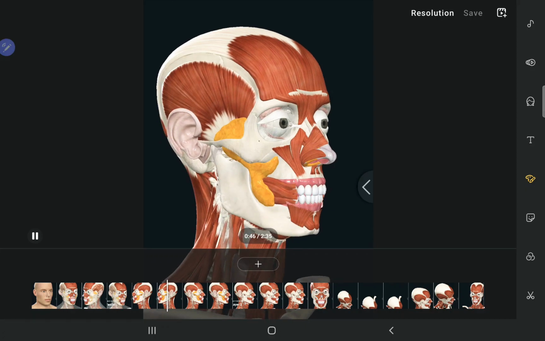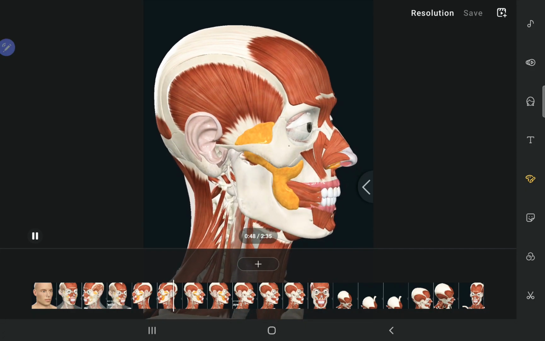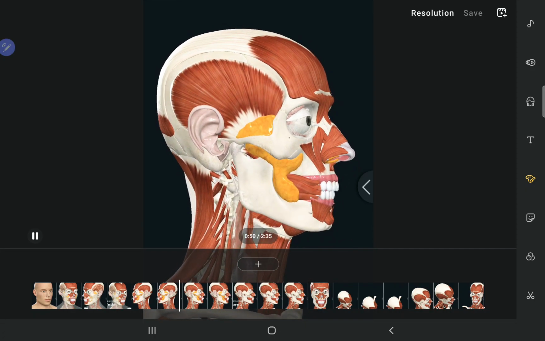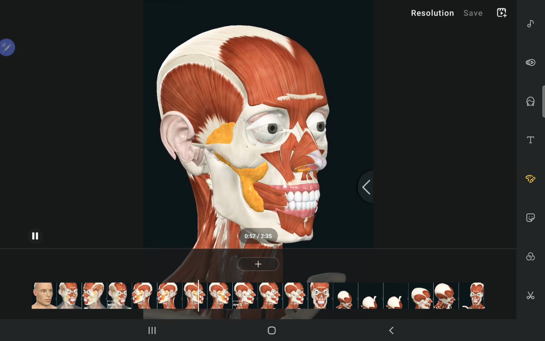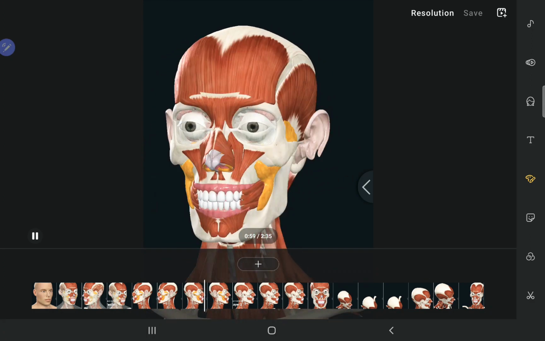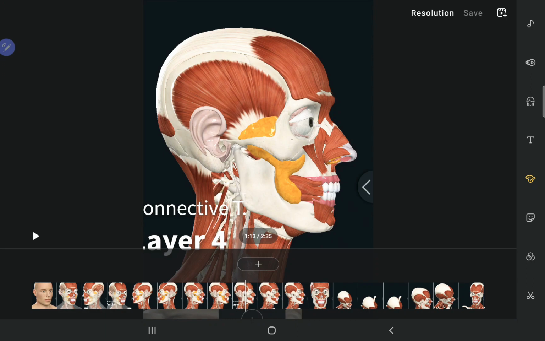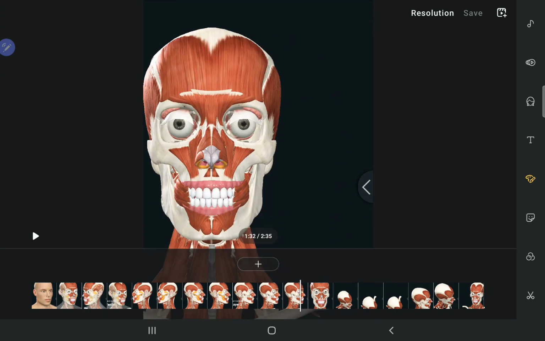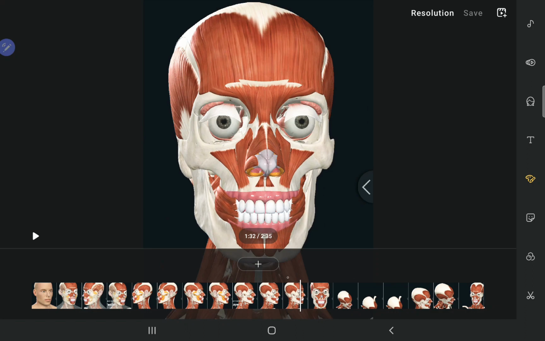Once we remove that also, now you can appreciate that once you remove the superficial fascia, you can actually reach up to the zygomatic arch. If you have a look from above, you will find that we can actually reach the zygomatic arch. There is a space, if you can make out.